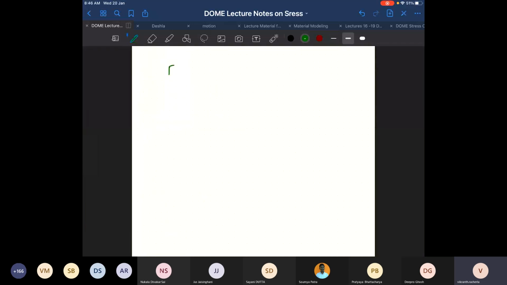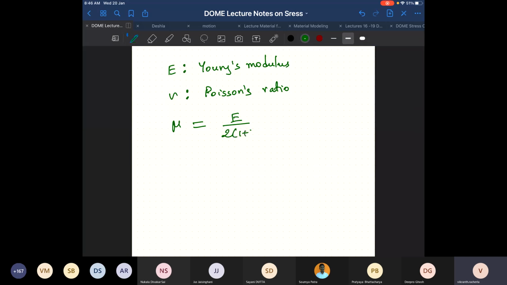If E is Young's modulus and nu is Poisson's ratio, what is the shear modulus? The shear modulus will be E divided by 2 times 1 plus nu.